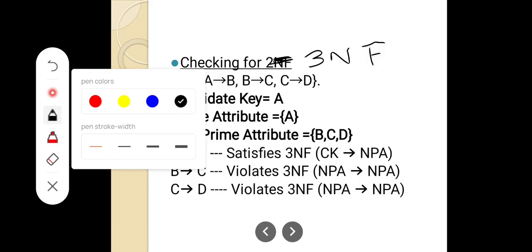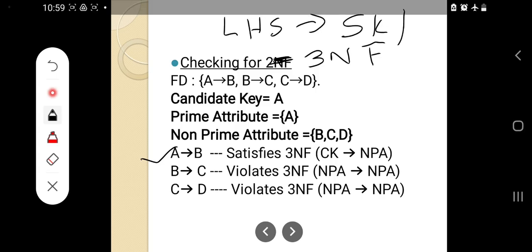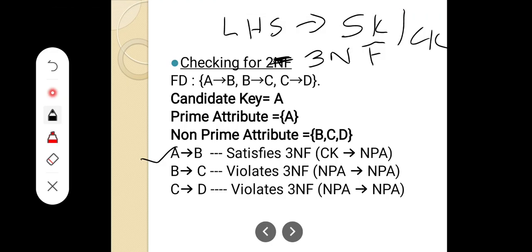The condition for 3NF is, I can write it down: the LHS must be a super key or candidate key, or the RHS can be a prime attribute. Any of these two conditions must be true. The rest will be considered a false condition for 3NF. Clear? Next condition you check.